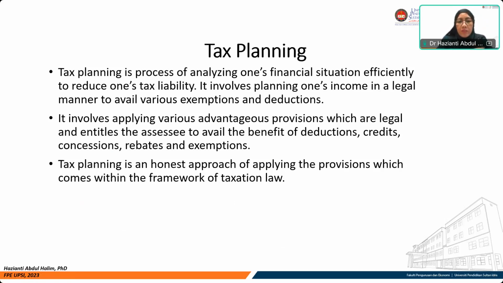If we know all of these, we can use them to plan the tax so that the tax paid is actually lower. So tax planning is an honest approach of applying the provisions which come within the framework of taxation law. We follow the law, we do it legally, we do it ethically, and we plan. End of the day, the purpose is actually to reduce our income tax paid.